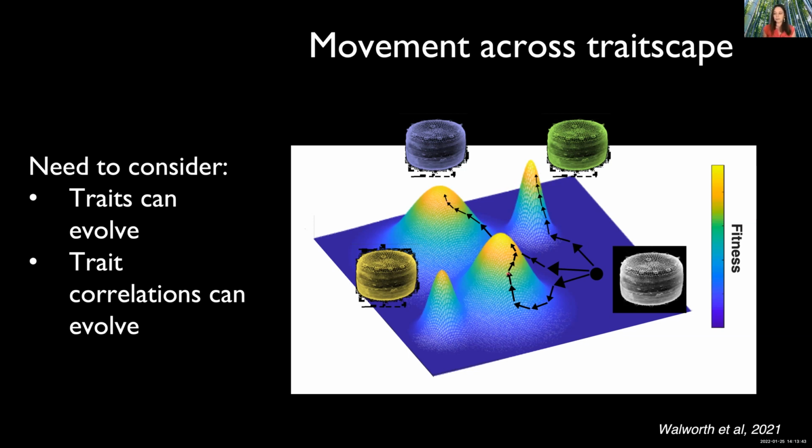However, the direction that you travel is going to depend on the trait correlations of your ancestral population or your current population. The direction that you travel is therefore also going to determine which of these peaks you end up on. This behavior is consistent with other evolution models, but we're doing this in a trait space using this PC framework.